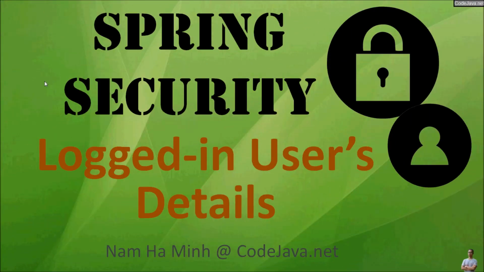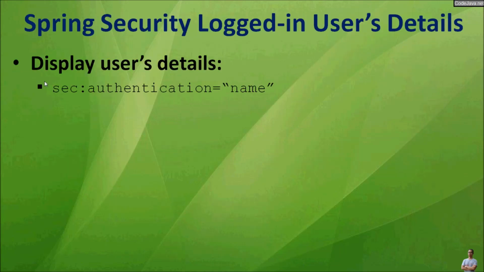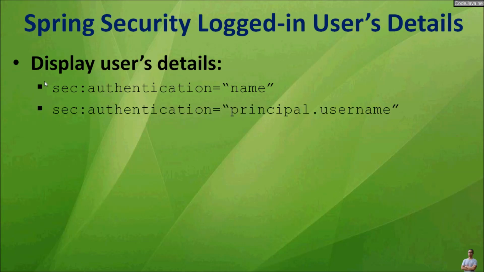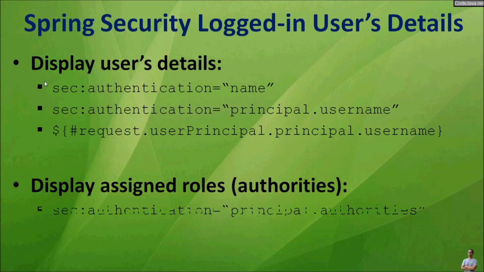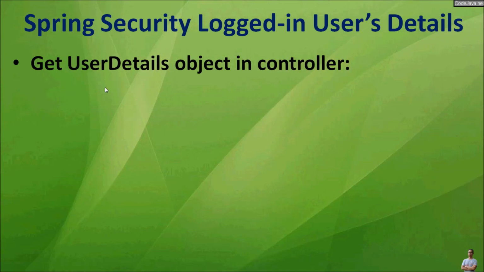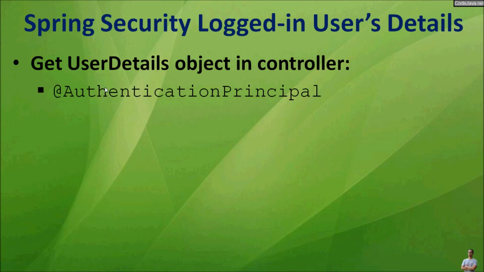To summarize, you have learned how to retrieve the user details object that represents the currently logged-in user in a Spring Boot application. Let's summarize the code we have used to display the user details, the username here, and the assigned roles or authorities of the user here. And to get the user details object in the controller, we use this annotation, AuthenticationPrincipal.